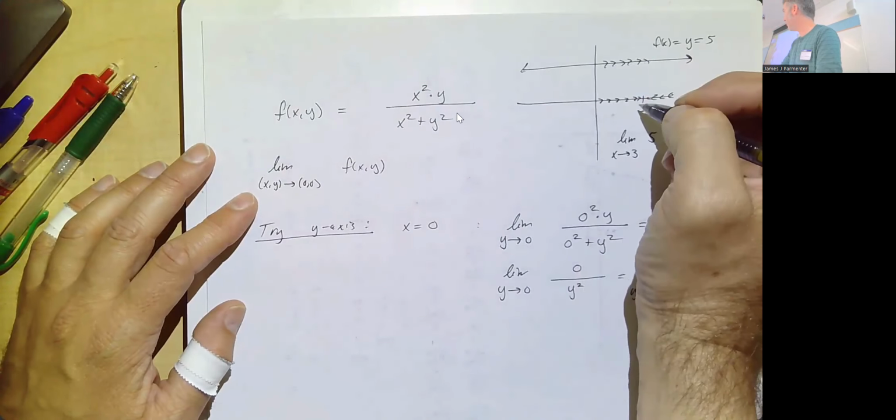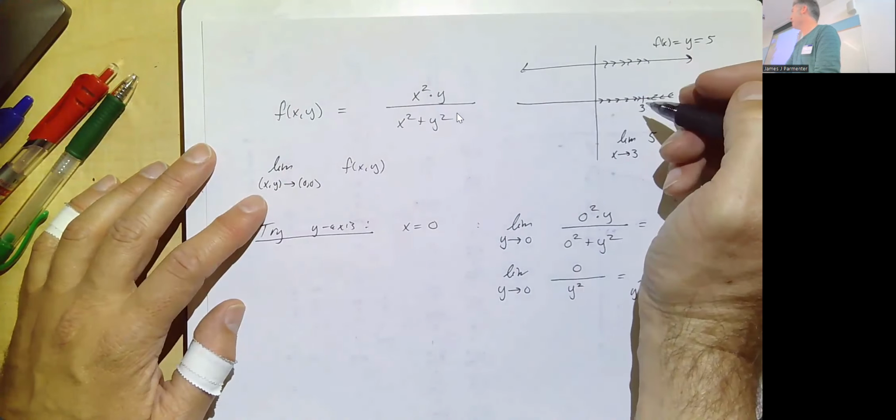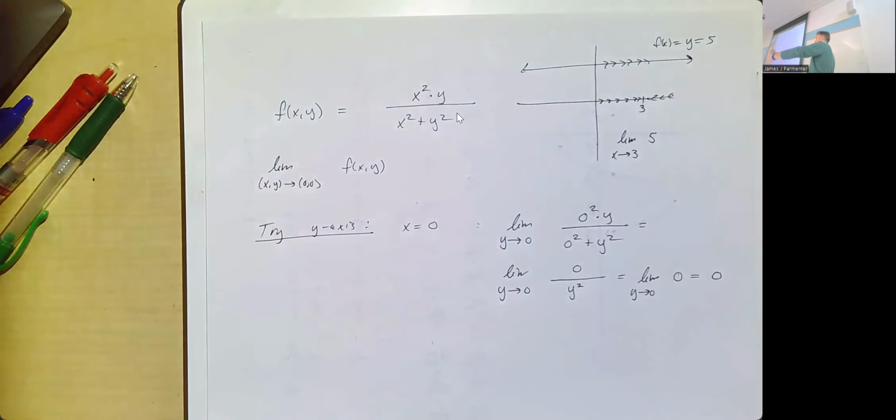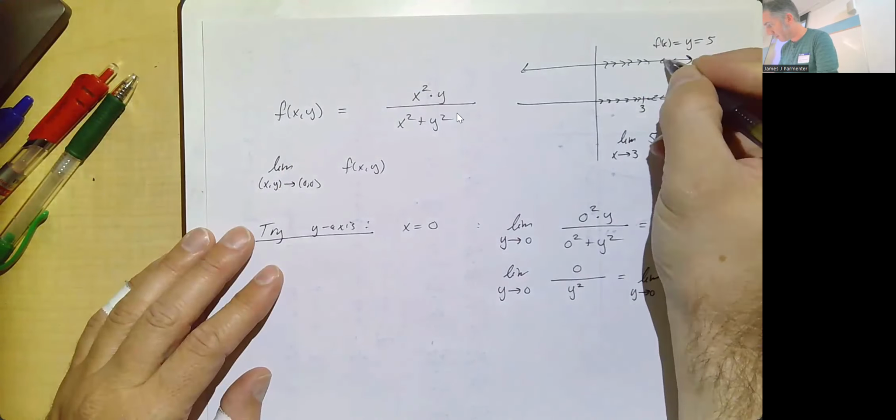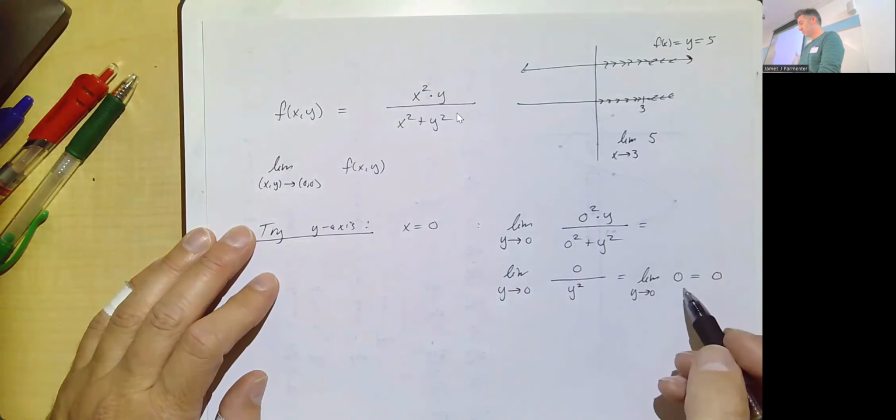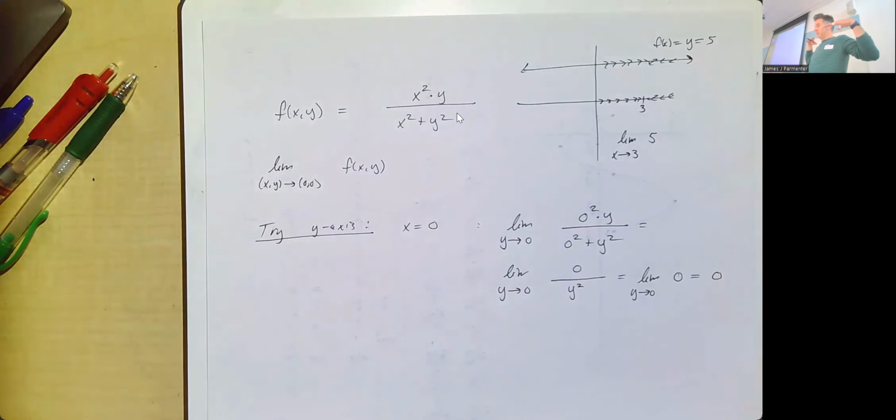It looks like 5. It looks like they're 5 the whole time. Using the word closer is probably not the best word to use here. The y values are just staying at 5. And as x is close to 3, they're still going to be 5 from either side. Same thing is true for 0. The function values are just 0 the whole time, and as y is closer and closer to 0, the function stays at 0.